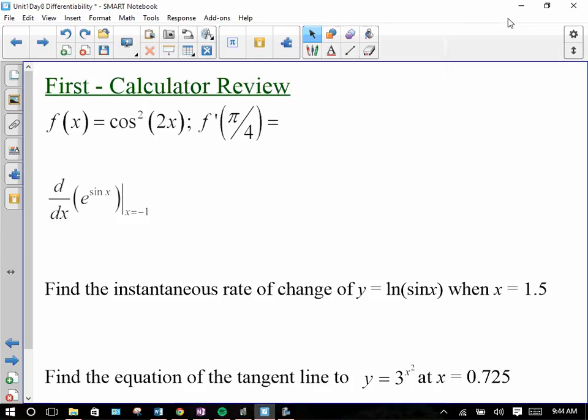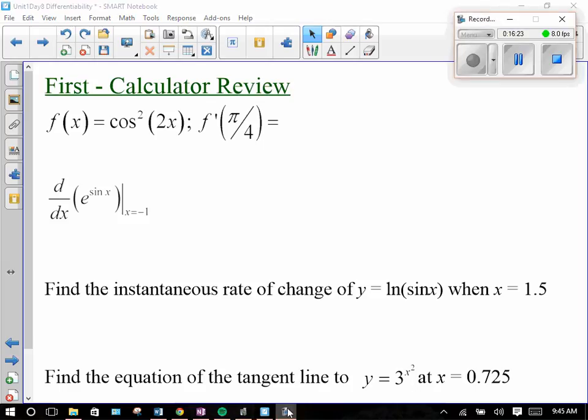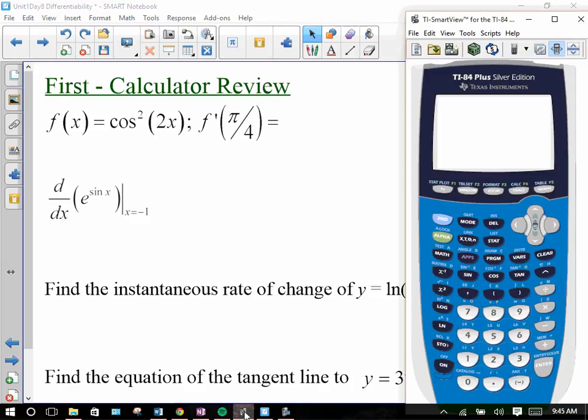It looks like for the most part we did well on the first three problems. You found the first derivative for them before. So the easiest way, and the way I like to do it best, is just use math 8.